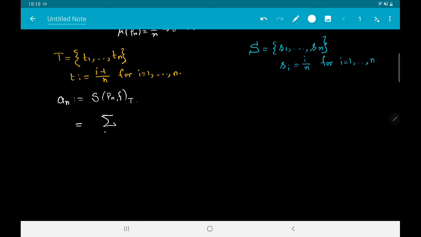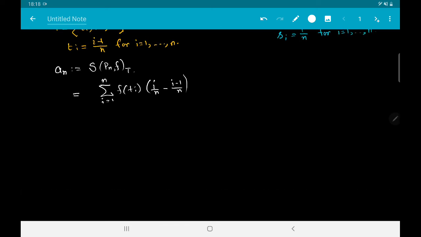The sum is i equal to 1 to n of f(ti) times (i by n minus (i minus 1) by n). This was xi minus x(i minus 1) in our definition, and we know how to simplify this. This will turn out to be 1 by n, which is independent of i, so we can take it out of the summation.